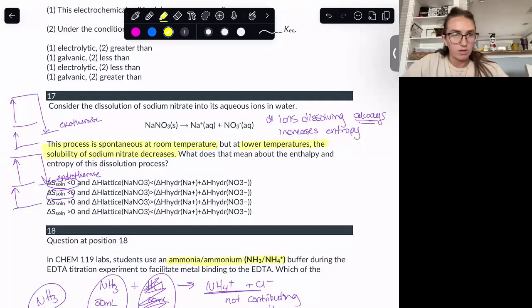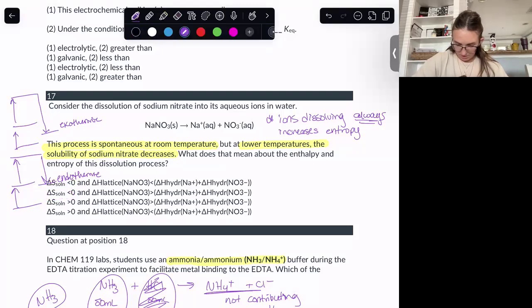I might have picked the wrong one then. Sorry. Yeah, your delta H of the solution, sorry. Your delta S should be greater than 0 because entropy is increasing.